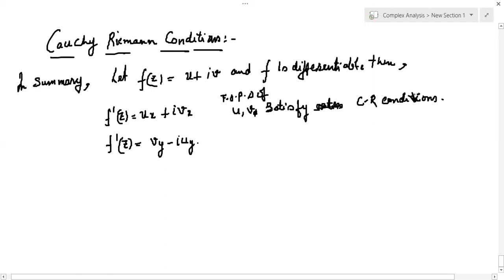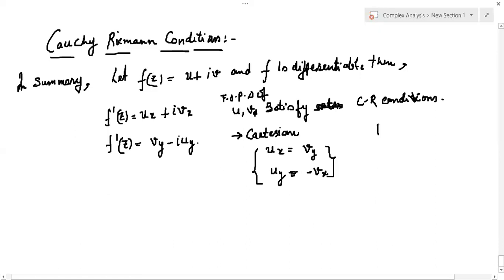And what are these conditions? In Cartesian coordinates, ux is equal to vy and uy is equal to minus vx.